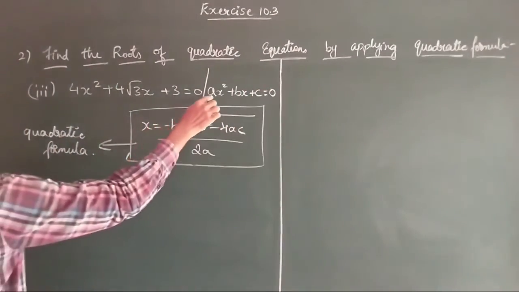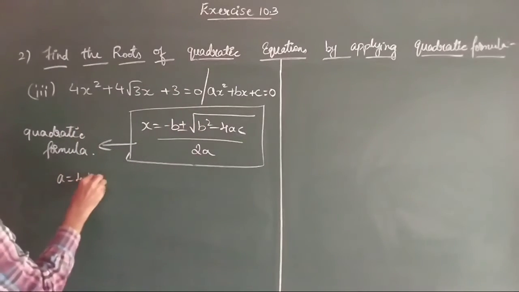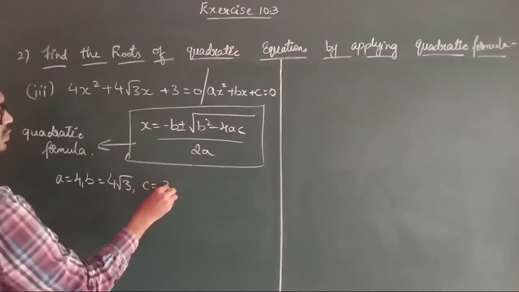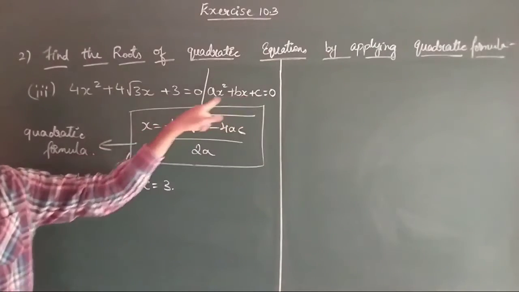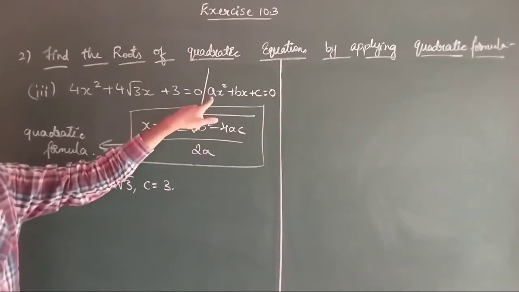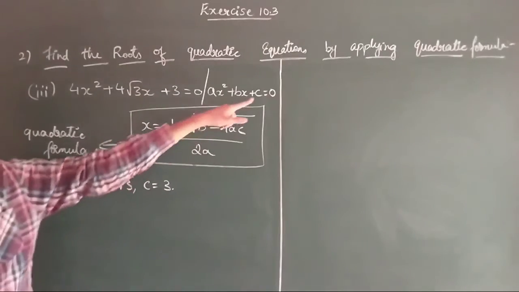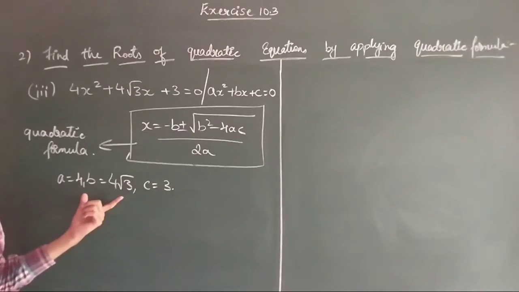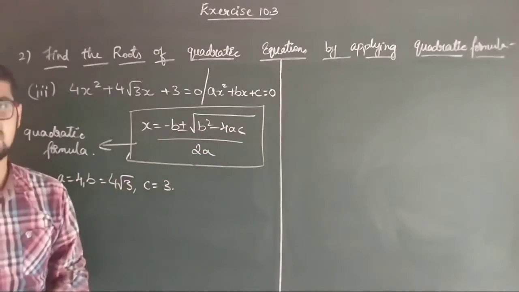Now a is equal to 4, b is equal to 4 root 3, and c is equal to 3. If I compare this general form of the quadratic equation with the given question, I get a as 4, b as 4 root 3, and c as 3. Now you just need to substitute these values of a, b and c in this formula. You will arrive at your answer.